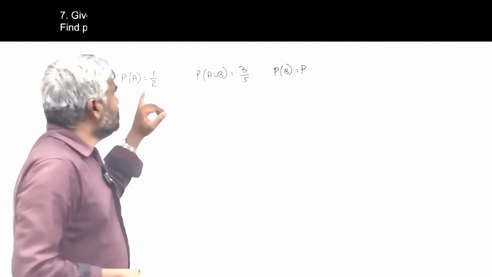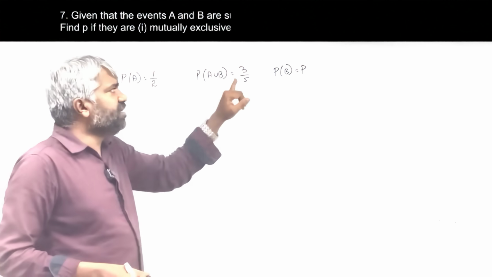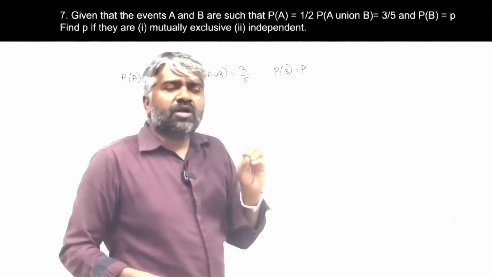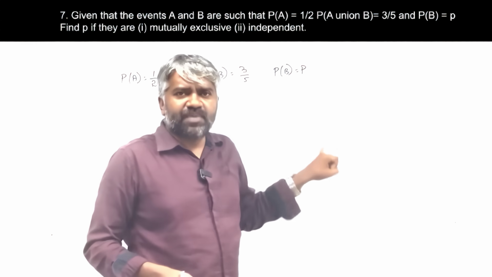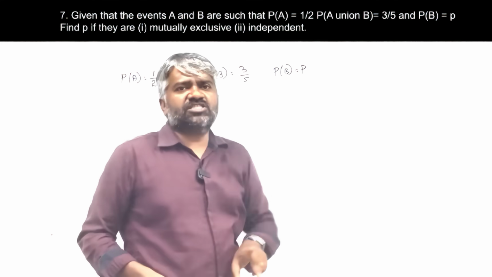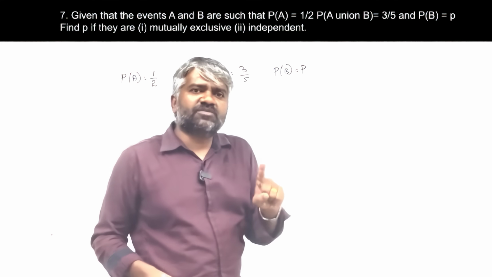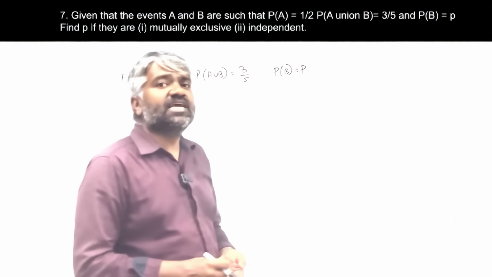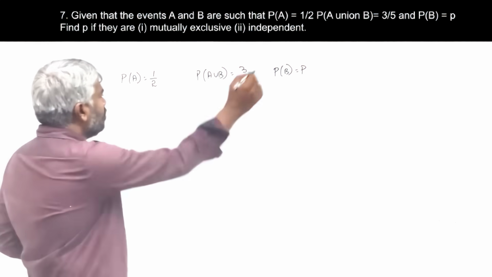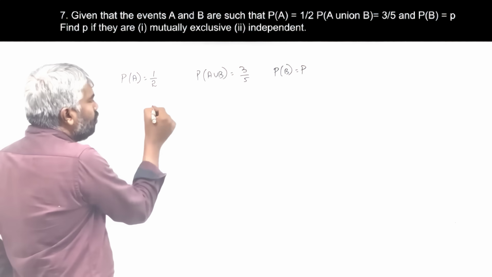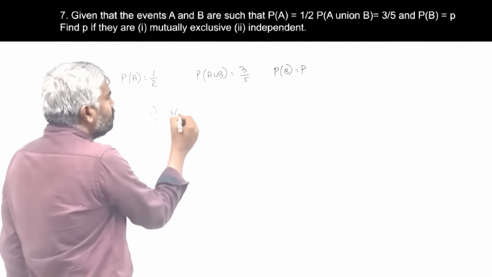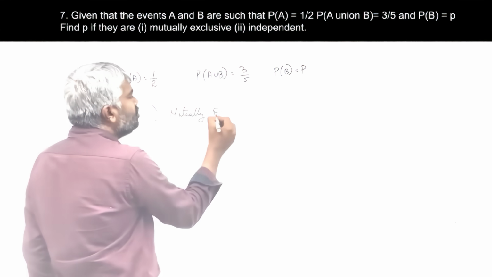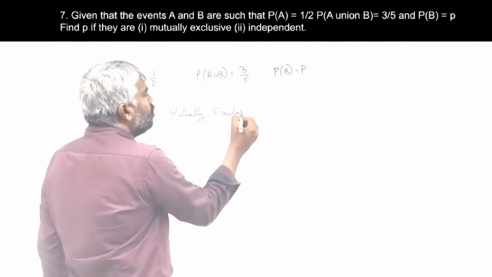P of A is 1 by 2, P of A union B is 3 by 5, P of B is P, which is an unknown value. Now you need to find the value of P under two conditions. The first condition given is mutually exclusive events, and the second condition is independent events. So we will find the value of P under both cases. First, mutually exclusive events.